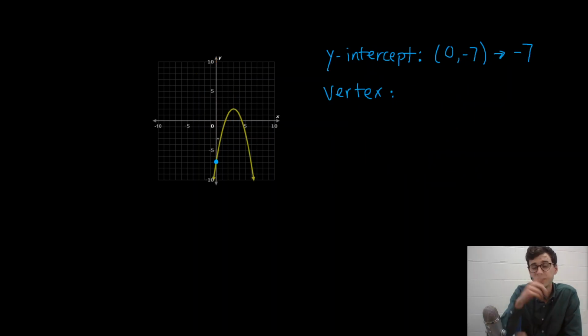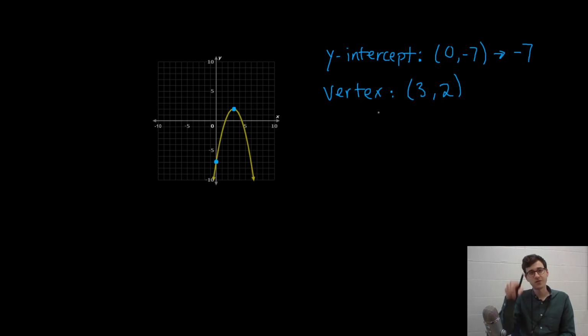Here, my graph faces downwards, so it curves at the top. Curves at this point right here. So that's 1, 2, 3. x is 3, y is 2, so my vertex is at (3, 2). Sorry, those lines are kind of hard to see. So my vertex, that point where my graph curves, is at (3, 2).